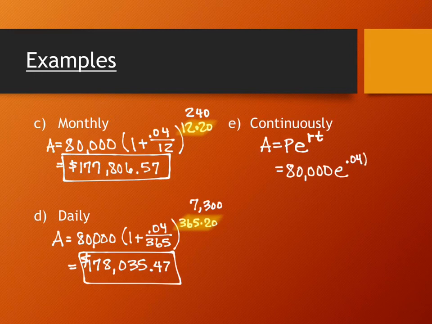And T is your time, 20. I would still recommend that you go ahead and multiply the exponent part together. 0.04 times 20 is 0.8. And then you can do 80,000 times e to the 0.8, or you can do e to the 0.8 and then times 80,000.